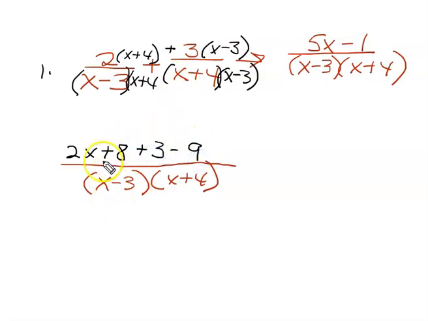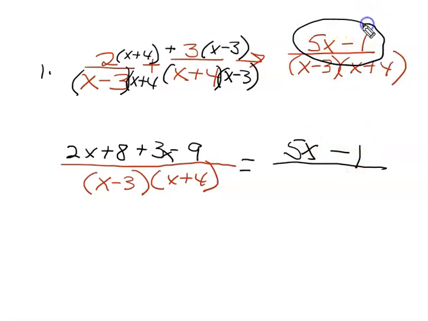I think you could all agree with that. Now, what does my numerator become? Well, this is 3x. I forgot to put the x. 2x plus 3x is 5x. And positive 8 and a negative 9 give me a negative 1. Oh, I have gotten this over my common denominator, x minus 3 and x plus 4.